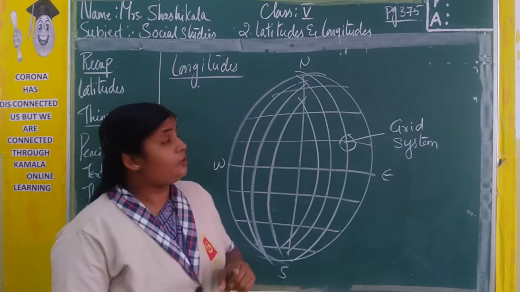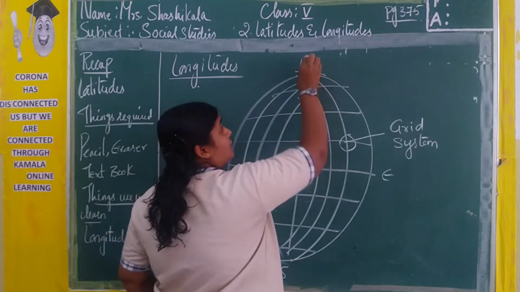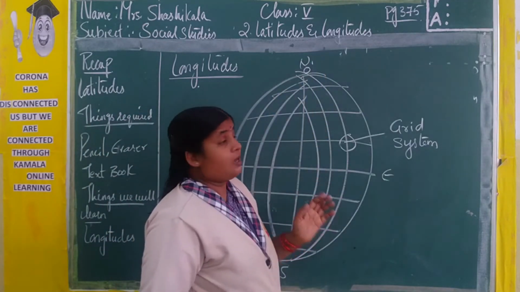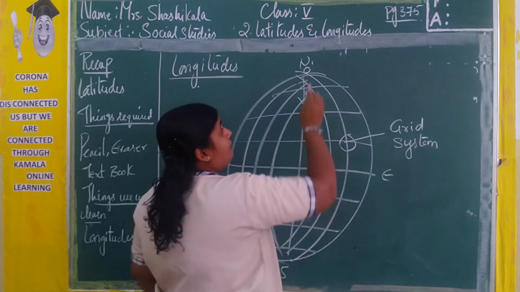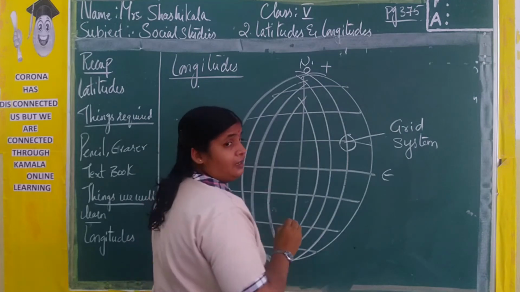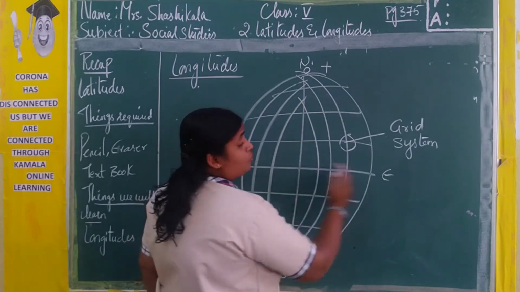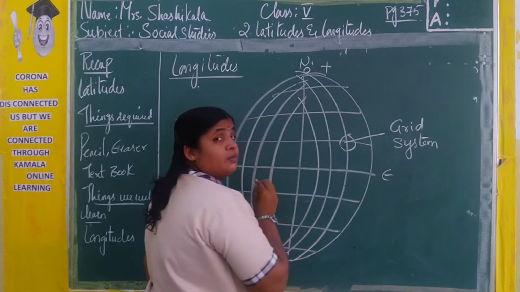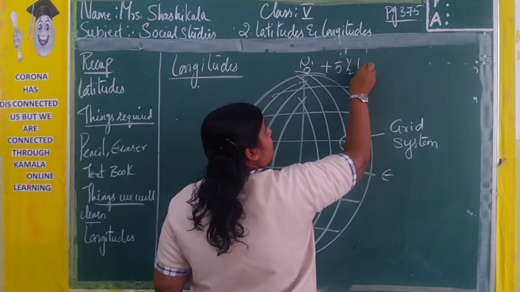One more important point: here you also have the 0 degrees. All the countries moving towards the east direction, the time will be added to all the places which are moving towards the east. And how much time is added? 5.5 hours.